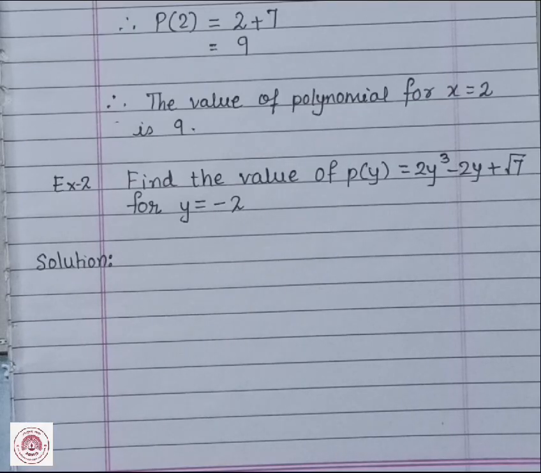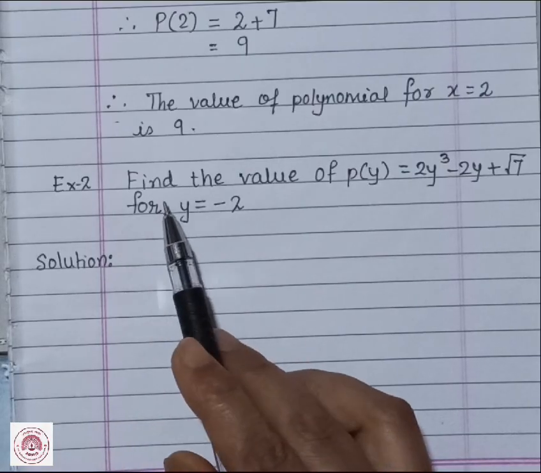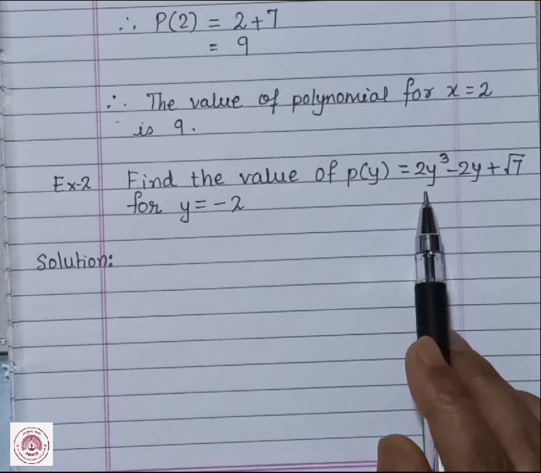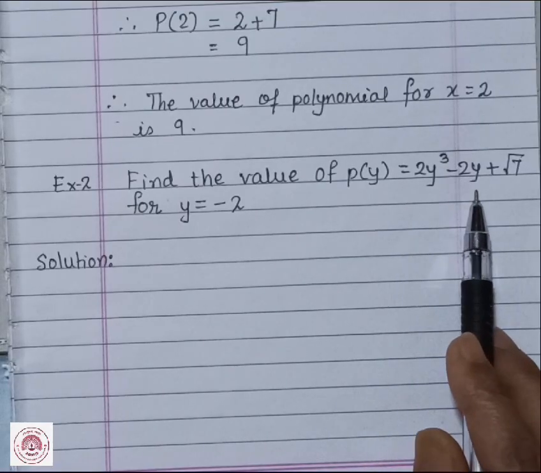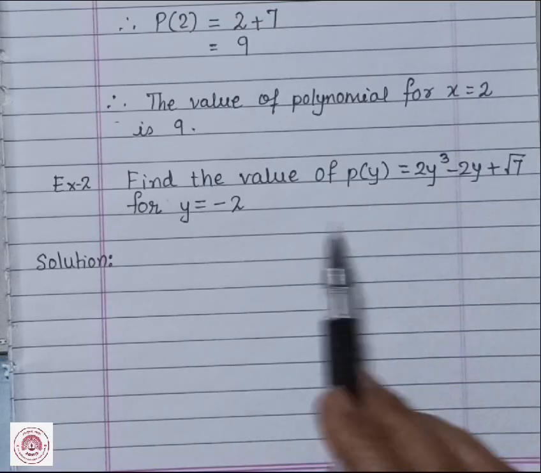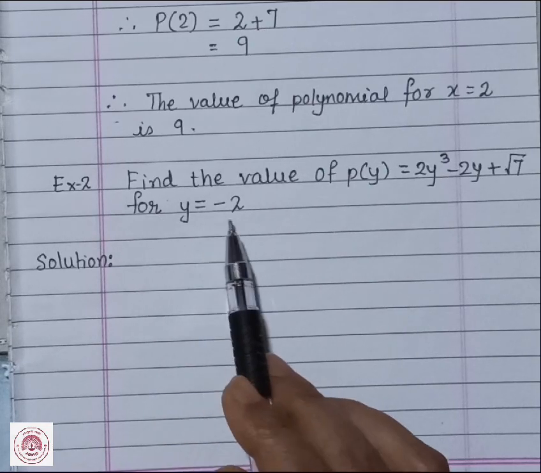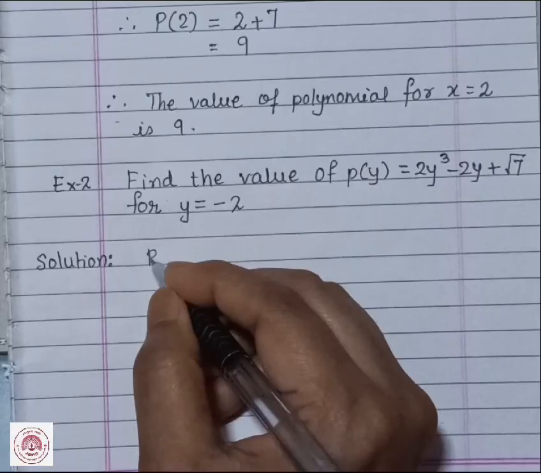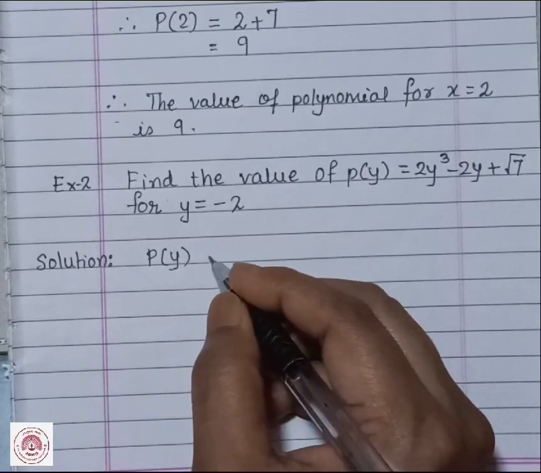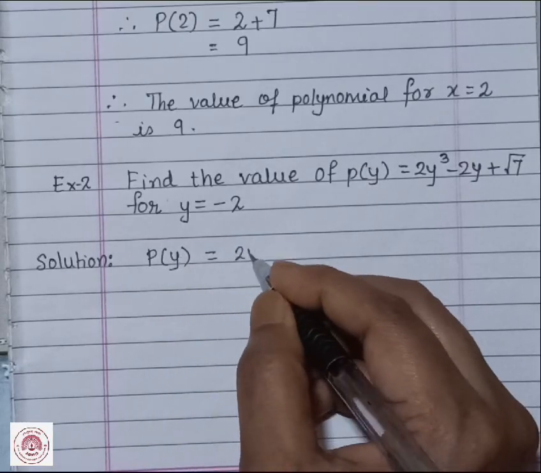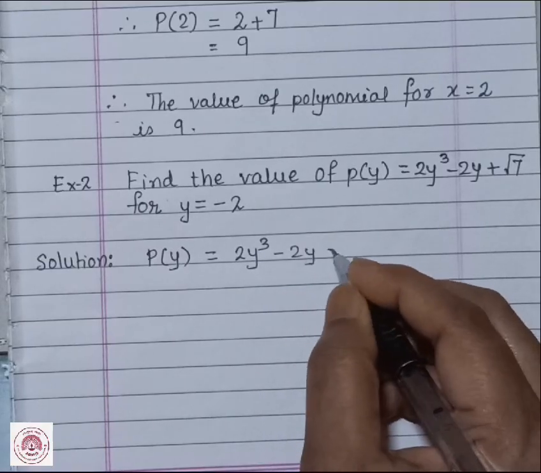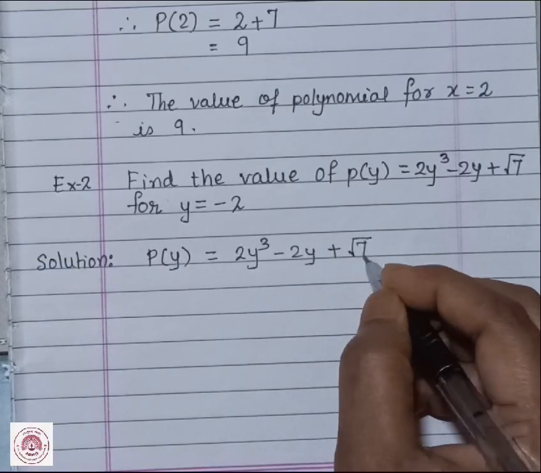Let's solve more examples. Example 2 is: find the value of p of y equals 2y cube minus 2y plus root 7 for y equals negative 2. Okay, so the polynomial here is p of y equals 2y cube minus 2y plus root 7.